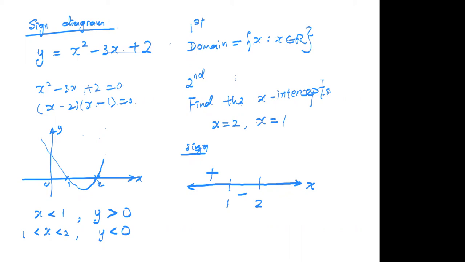So for x greater than 2, y will be greater than 0. So I put the positive. So I give you a sign diagram that you can interpret back into here.